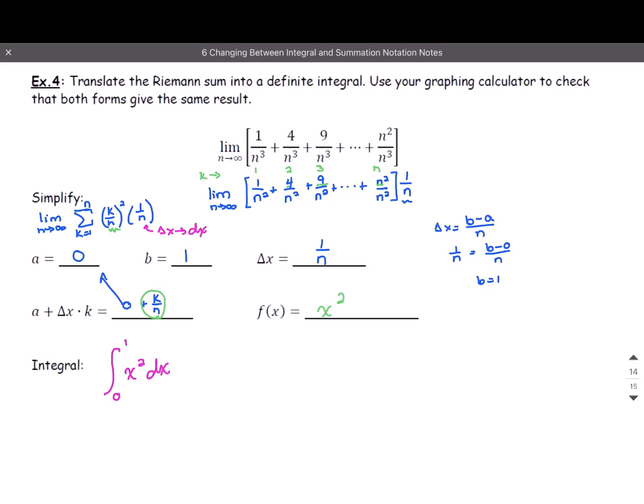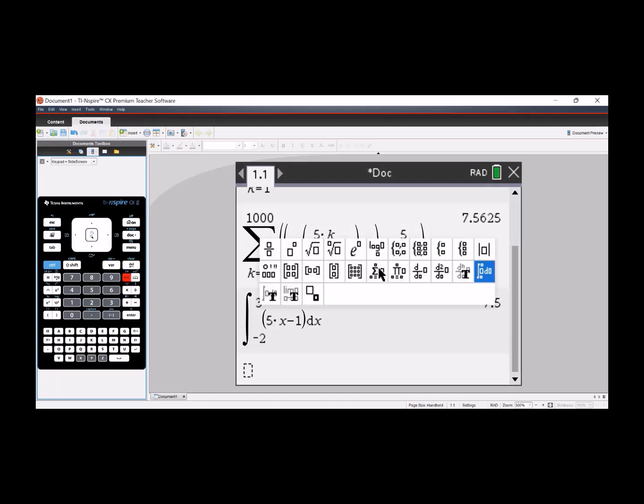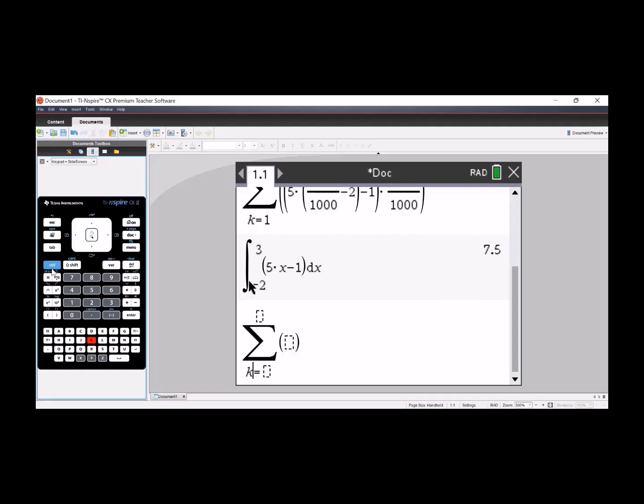Now we're going to go to our calculator and make sure that the summation came out to the same answer as the integral. Okay, so this time we're going to do the limit. Again, we can't do the limit as n heads to infinity, but let's do that summation again, and we'll use that same trick: the summation as k, tab, goes from 1, tab, and we'll go to 1,000 again. 1, 2, 3, and tab over.